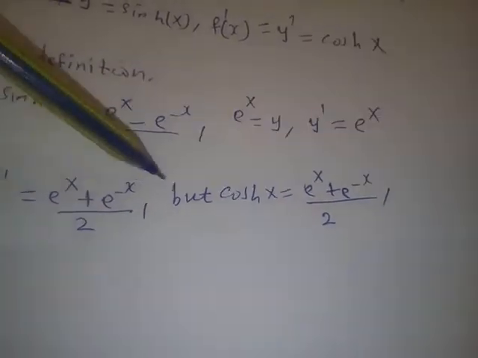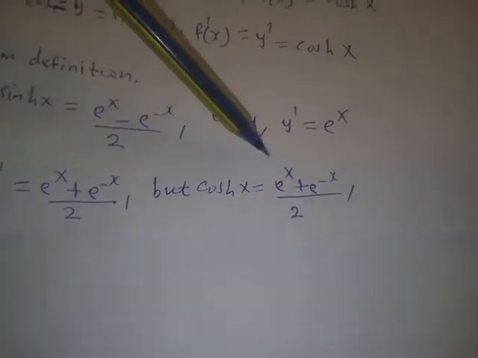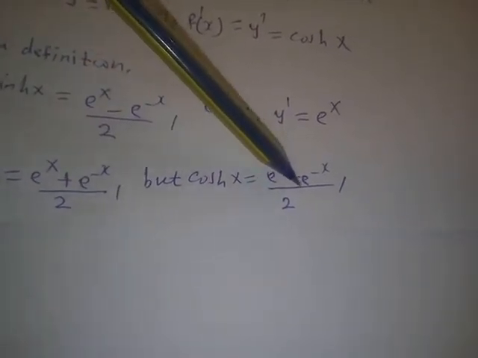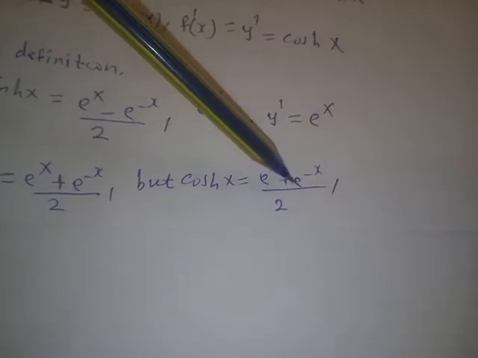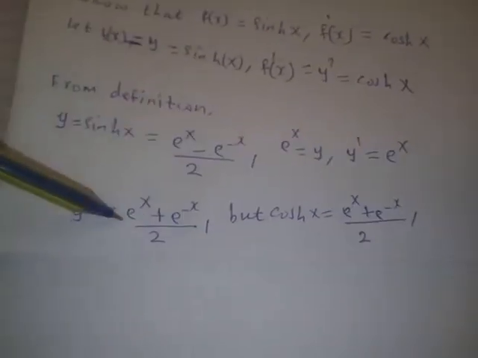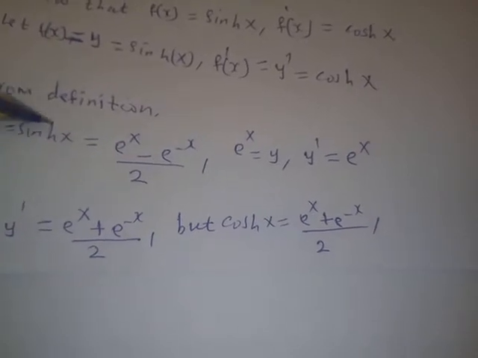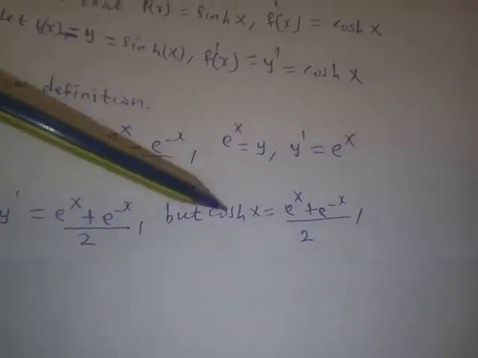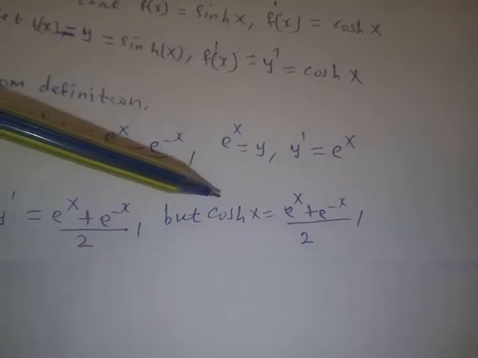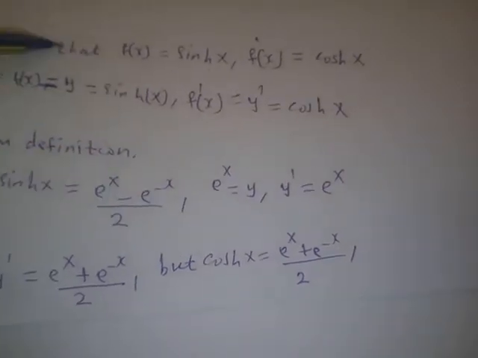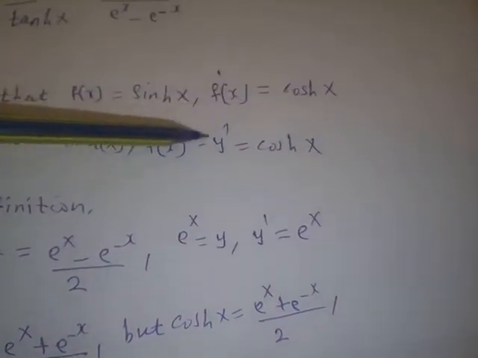But hyperbolic function of cos x is given by exponential x plus exponential negative x over 2. So that tells you that the derivative of hyperbolic function of sine x will be given by hyperbolic function of cos x, as we were told to show.